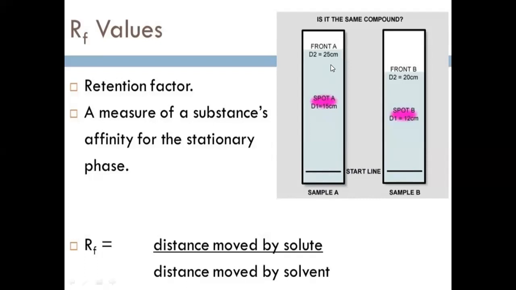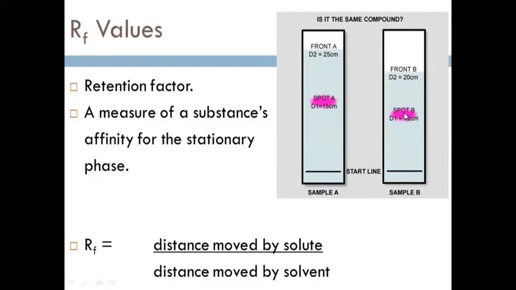Here you can see the distance traveled by the solvent front in A is 25 centimeters, whereas the spot is at 15 centimeters. In sample B, the solvent moved 20 centimeters and the solute 12 centimeters.